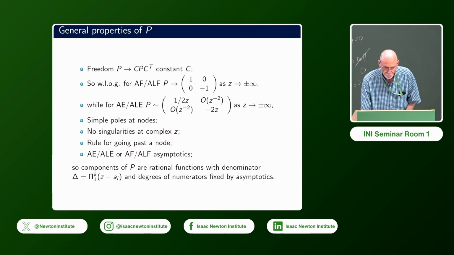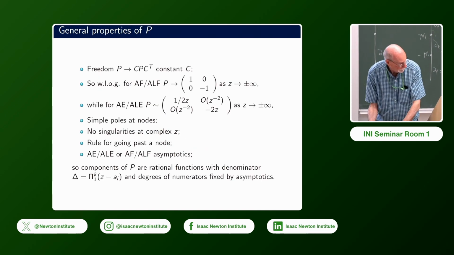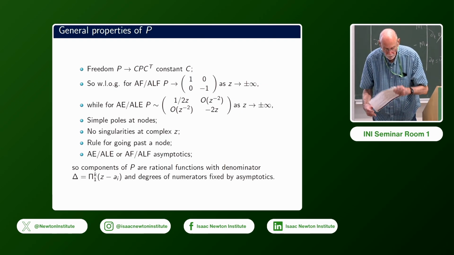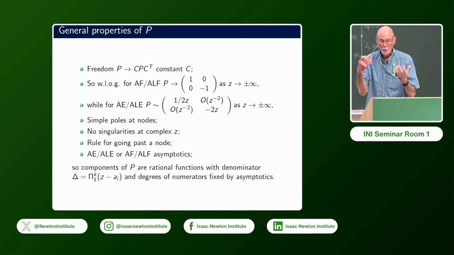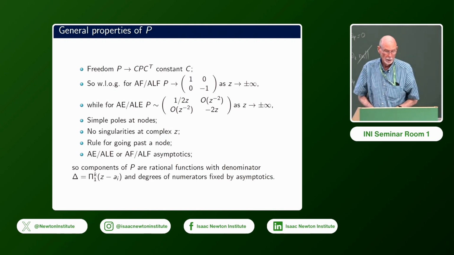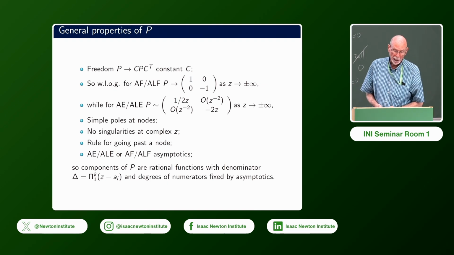These are going to work. So let's recall the general properties of P. You've always got the freedom to do this similarity because it's a patching matrix. If you're asymptotically flat at large distances, you're going to look like the second bullet point.